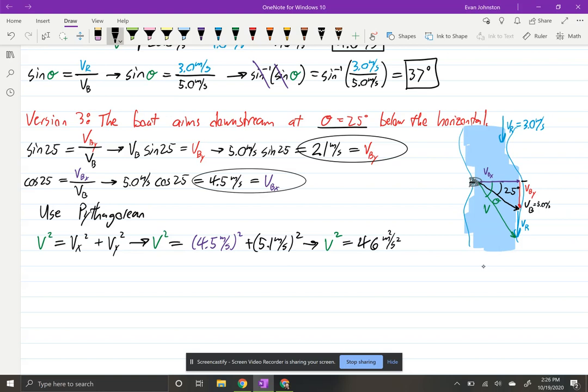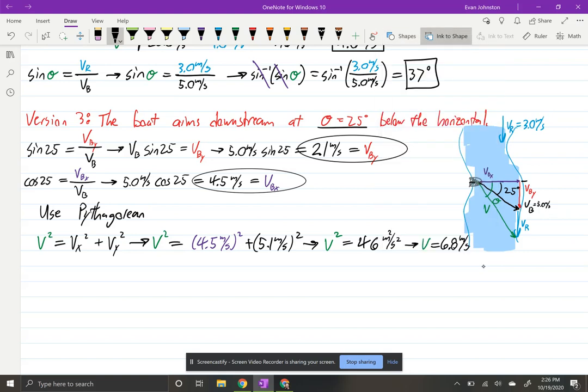So really to get just my velocity alone, I take a square root on both sides. Where did my calculator just go? Okay, I found it. 46, the square root of that is 6.8 meters per second.